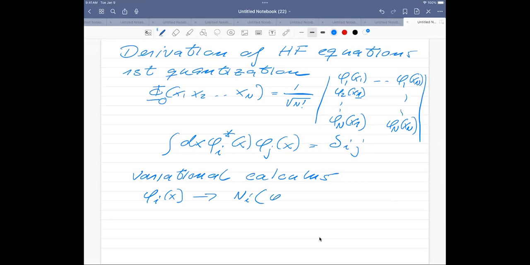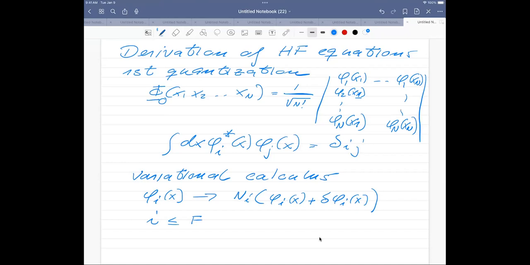And then I could have a phi of i of x plus some delta phi of i of x. And keep in mind now that this state i is always less than the Fermi level. So we are filling up the states up to the Fermi level.